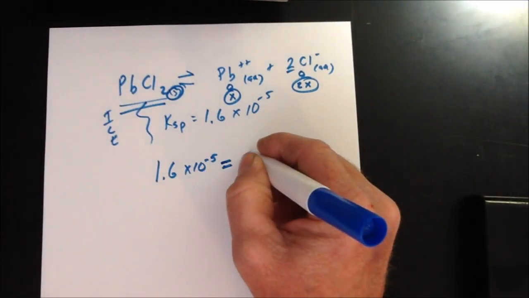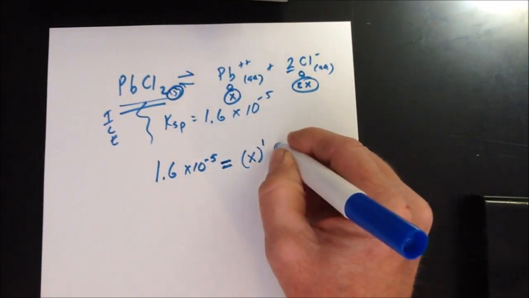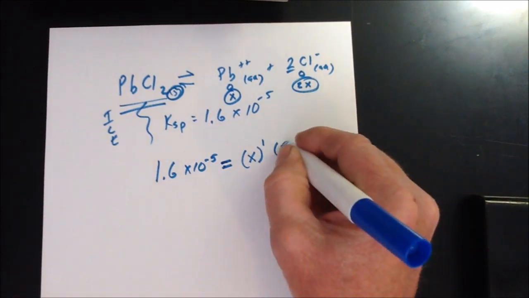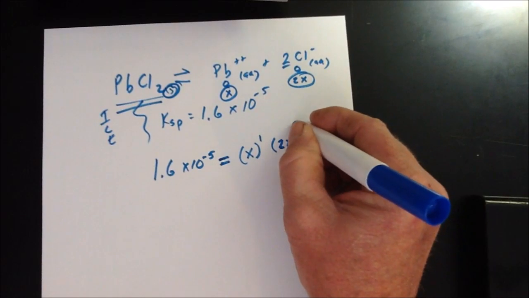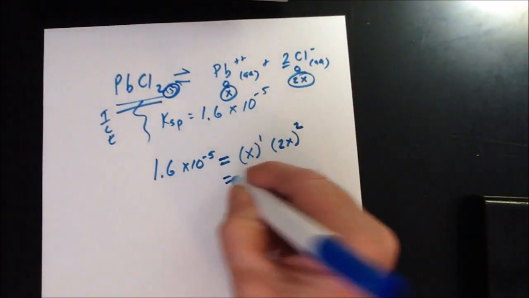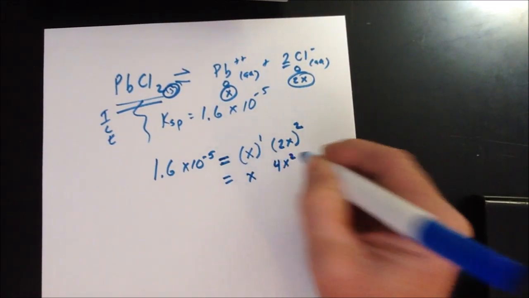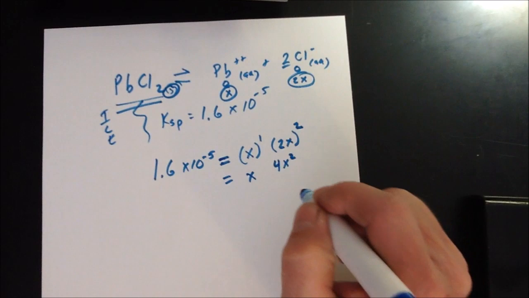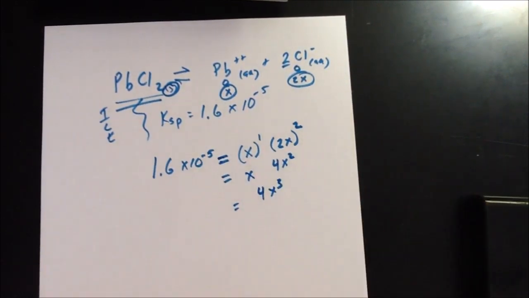So we've got x for the Pb to the first, and then watch what happens here. 2x, my value for my chloride ion, but it's to the second power. So when I simplify this, I end up with x times 4x squared. Notice that's 2x quantity squared, and that equals 4x cubed. So I'm now ready to solve that.